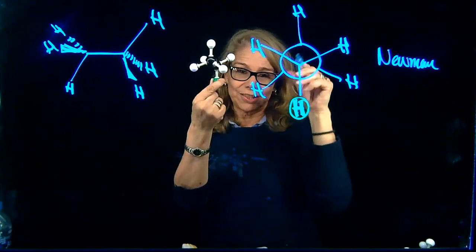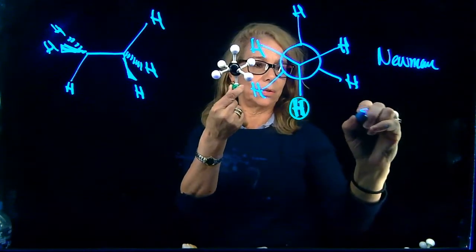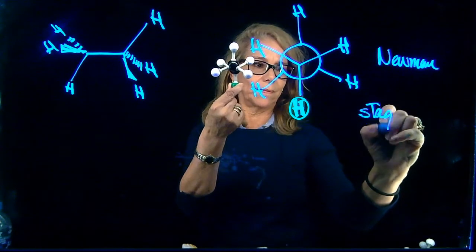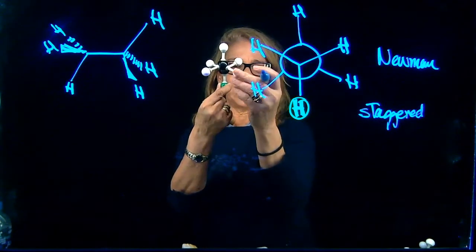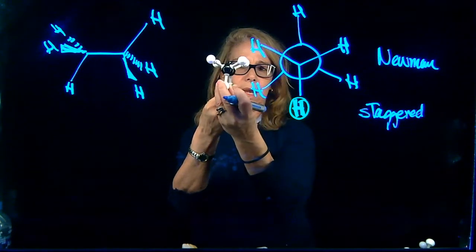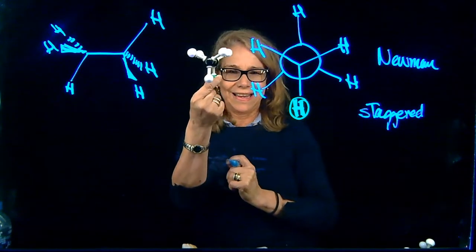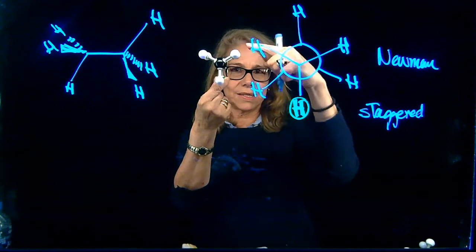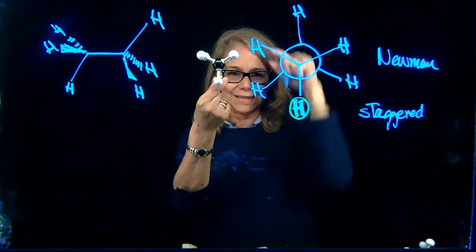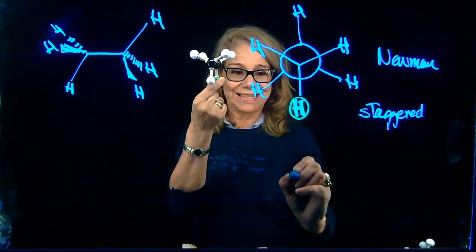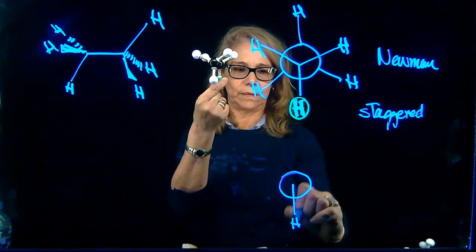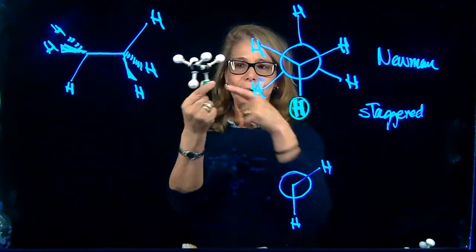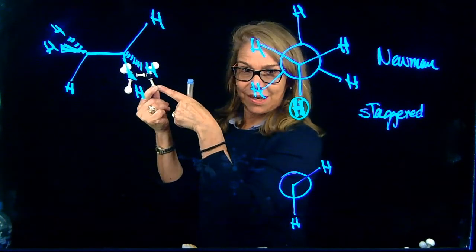This particular projection we're going to call staggered. Now notice that I can rotate this bond, and when I do that, this one is actually right behind. So this conformation is different. Again, I put this as my green, and I kept the one that I'm holding in the same position.